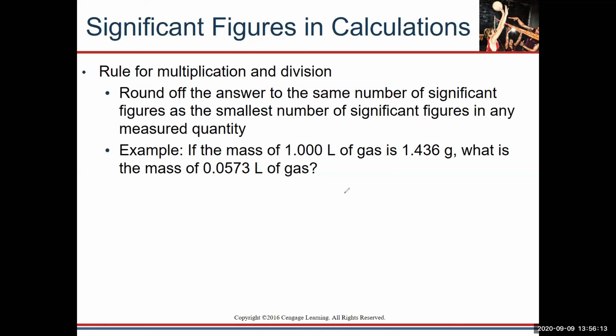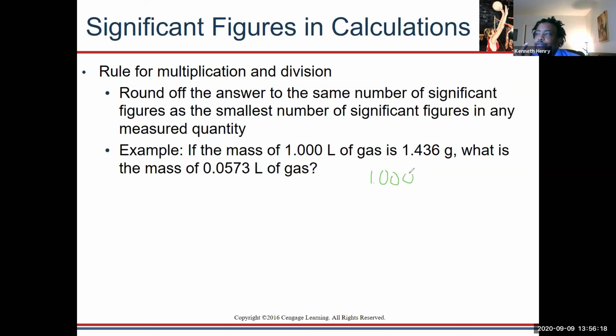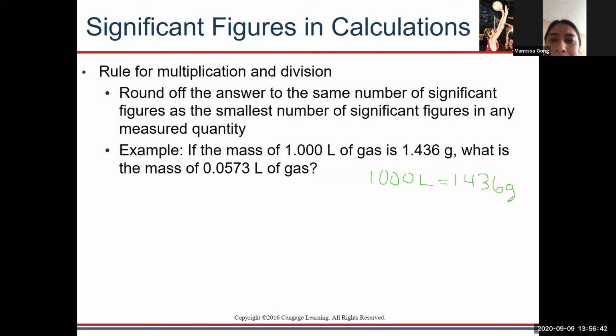Because I'm basically saying that 1.000 liters is equal to 1.436 grams. And that means that's an equivalency, right? So we normally start off with what's given to us, right?